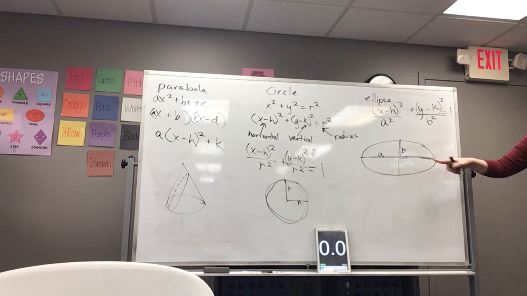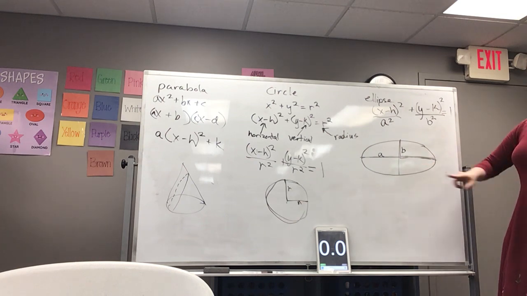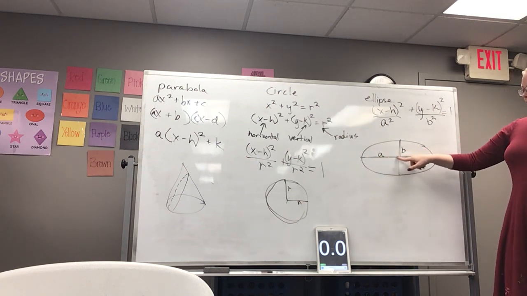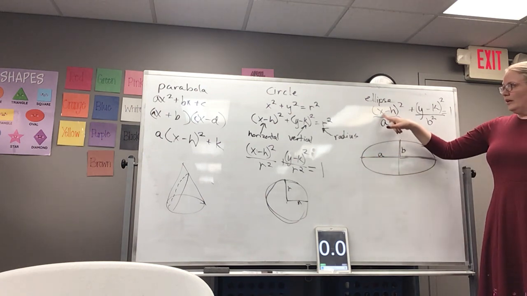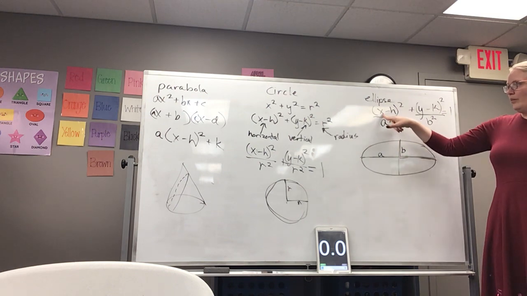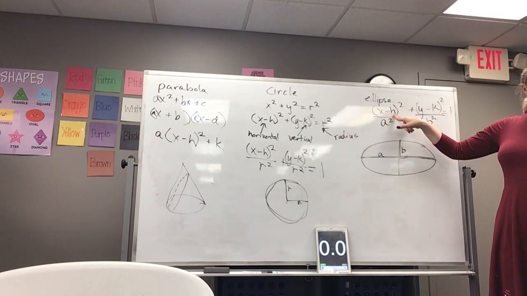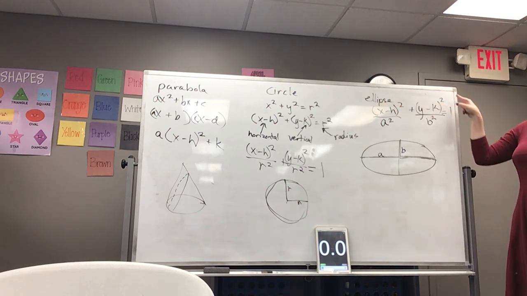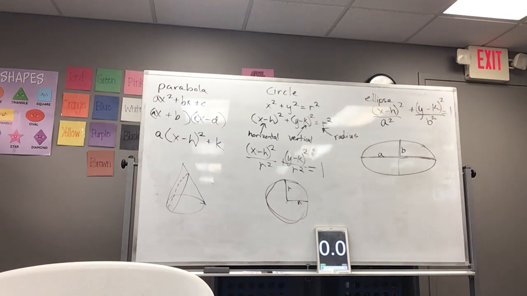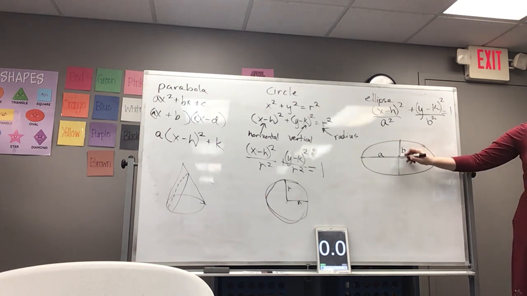The idea is when a goes to 0, because at this point, whatever we put in for x cancels out by the vertex and it just disappears. And this is what happens at that largest point, that widest point, right there.